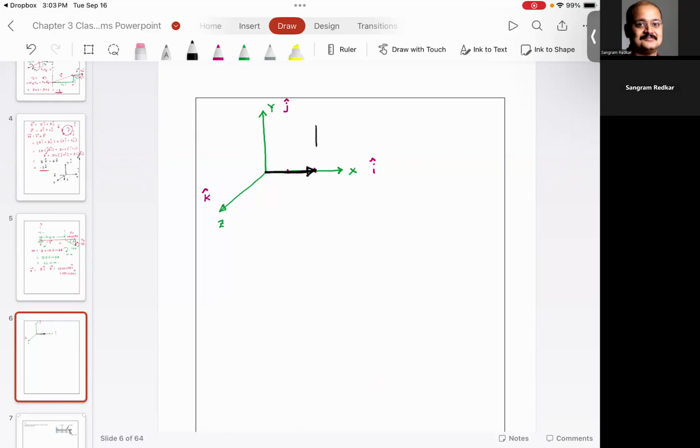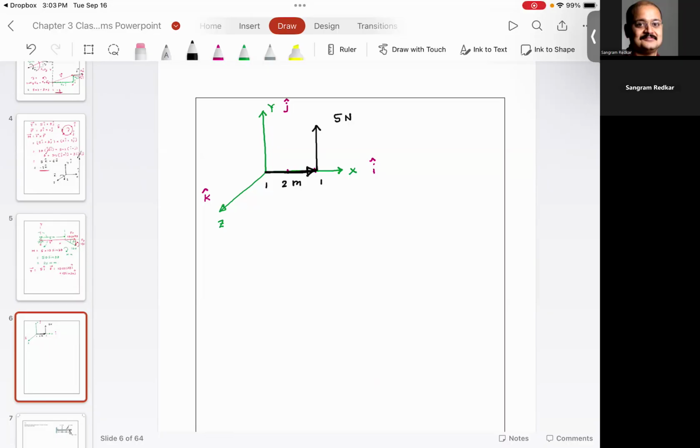Now, if you have a force which is going in this direction, the magnitude of force is 5 Newton. This distance is 2 meters. It is extremely important to understand that the distance is expressed in meters and the force is expressed in Newton.